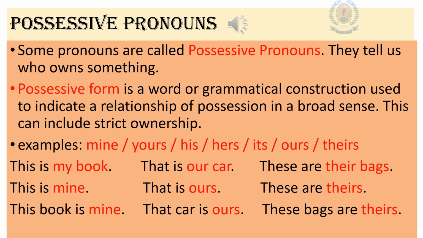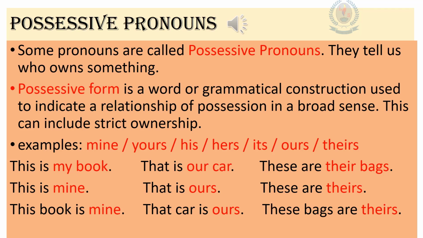Possessive pronouns show that something belongs to someone. The possessive pronouns are my, your, our, his, her, its, and their. There is also an independent form of each of these pronouns: mine, yours, ours, hers, his, its, and theirs.